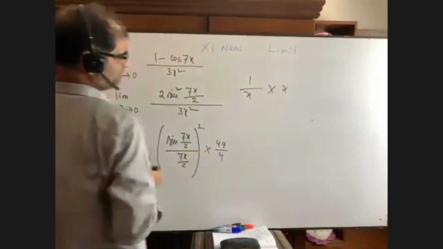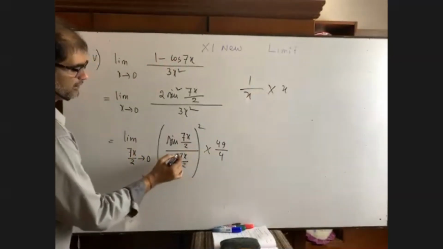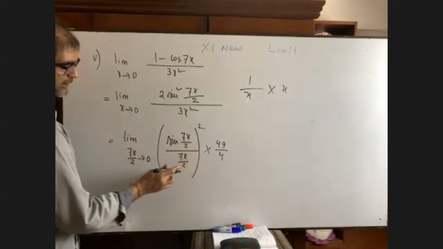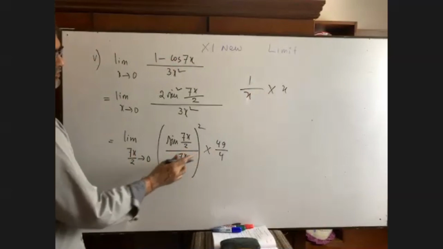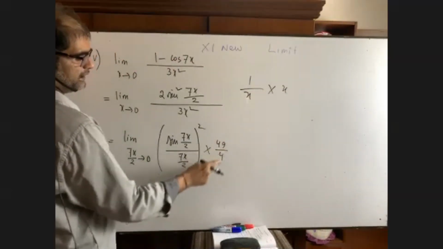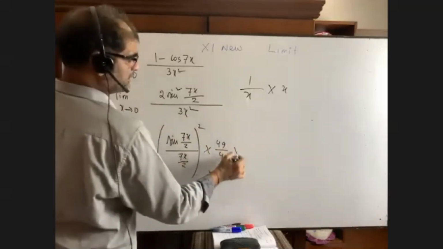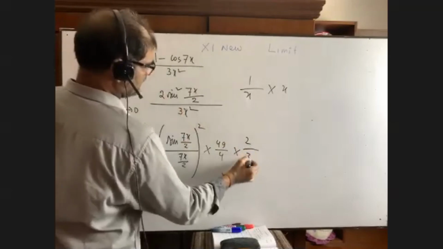If I take this x here, you consider it as by x, so it is vanished by x. So it is 49 by 4. Now here it is 2, and here it is 3. Math is done.